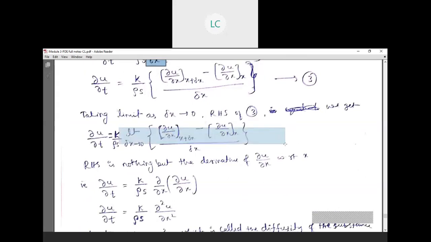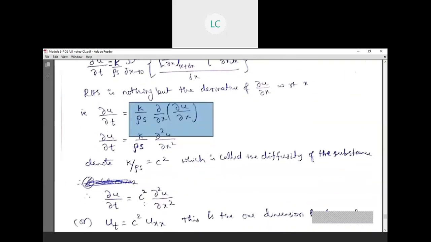Now, this expression is nothing but the derivative of dou U by dou x with respect to x, according to our standard differentiation definition. So we can write it as dou by dou x of dou U by dou x, and write K by rho s as it is.